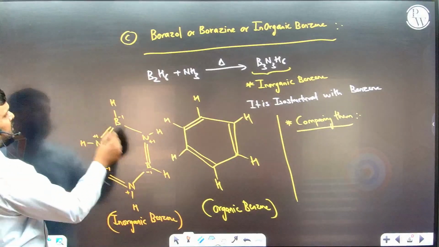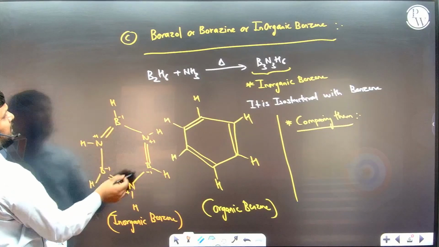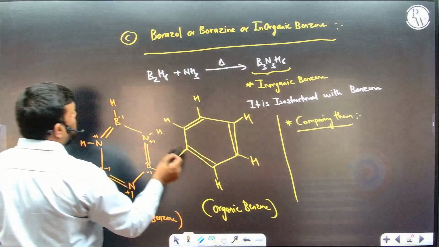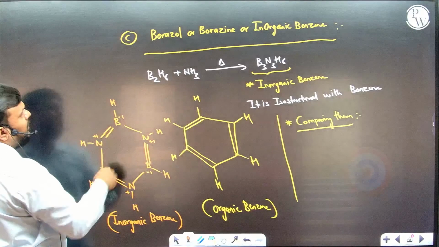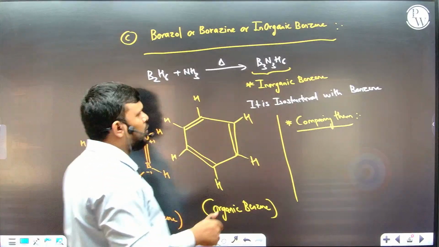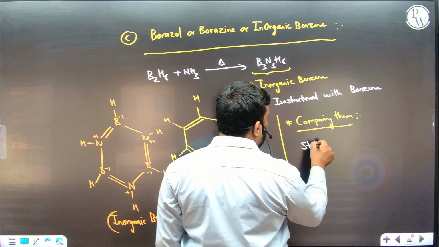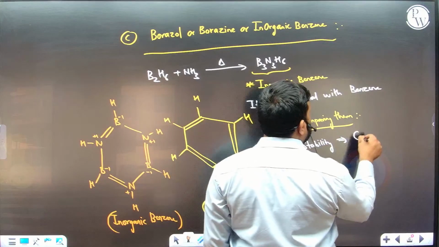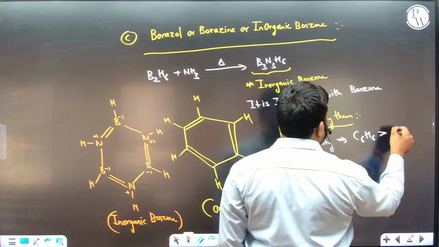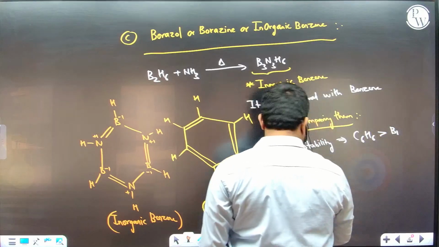In case of this, we are having charges coming over here. So there is charge separation, there is no charge separation over here. So this will be having a good resonance. This one will not be having that much good resonance. So simply you can say that C6H6 will be more stable than B3N3H6.